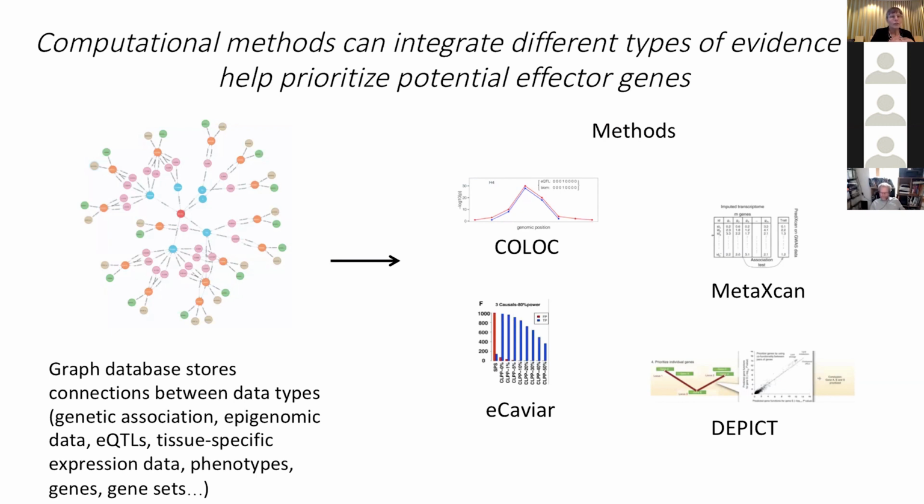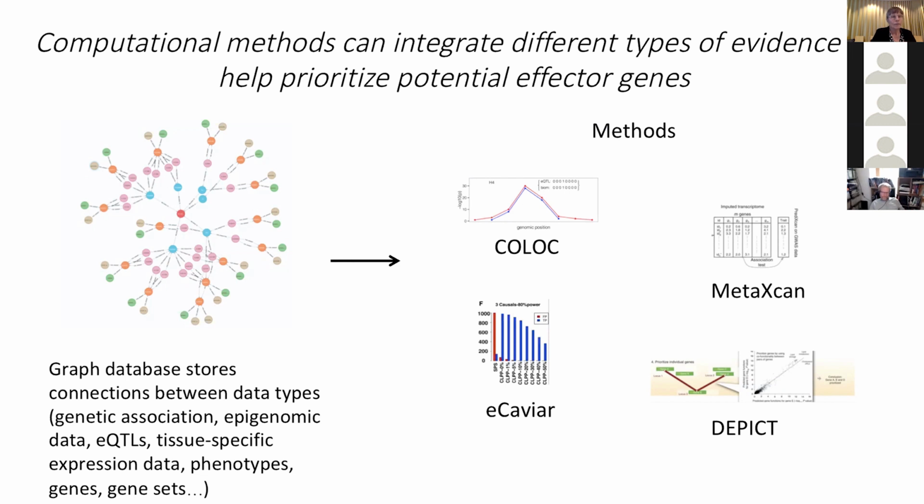All those connections make it possible to implement many computational methods that integrate various combinations of these data types to come up with predictions about the likelihood of genes being involved in a tissue or in a phenotype. These are many different predictions about different aspects of these connections.